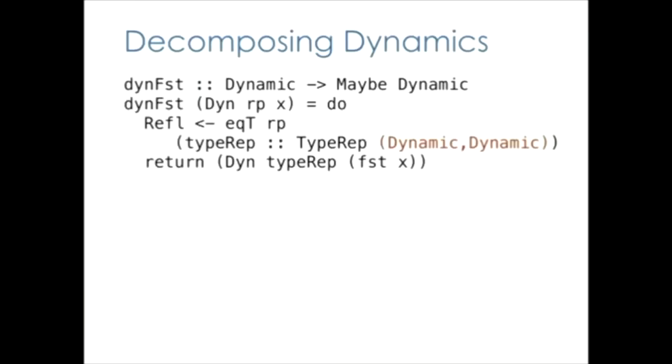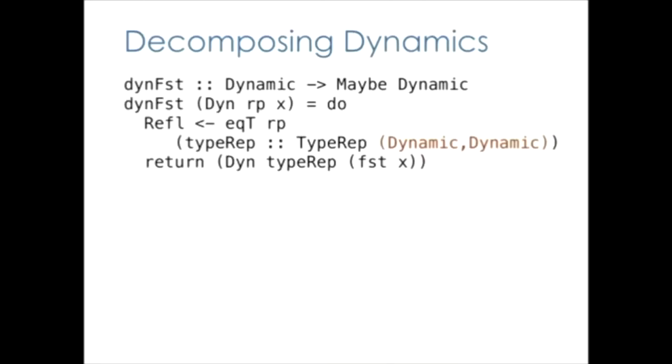We can look at the type representation that's with that value, and we can compare it against the representation of Dynamic paired with Dynamic, and if that succeeds, we know that x has type Dynamic paired with Dynamic, and so then we can just project out that first component, and even wrap it up if we want.